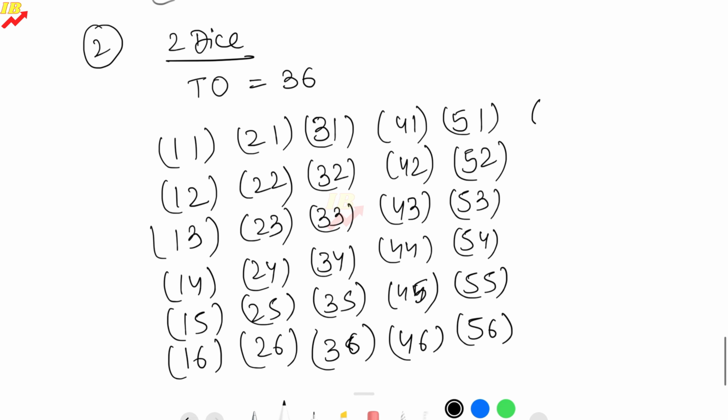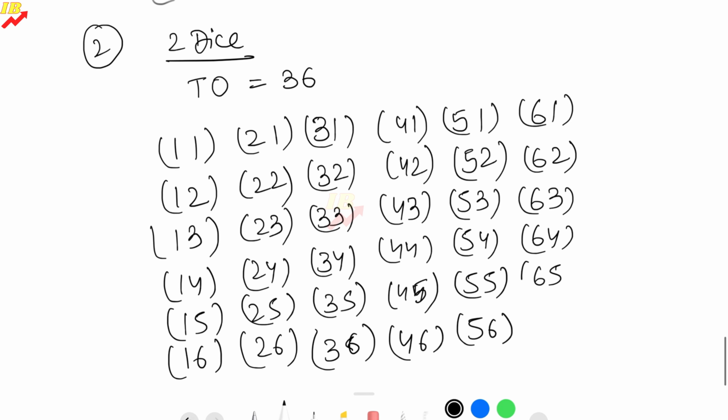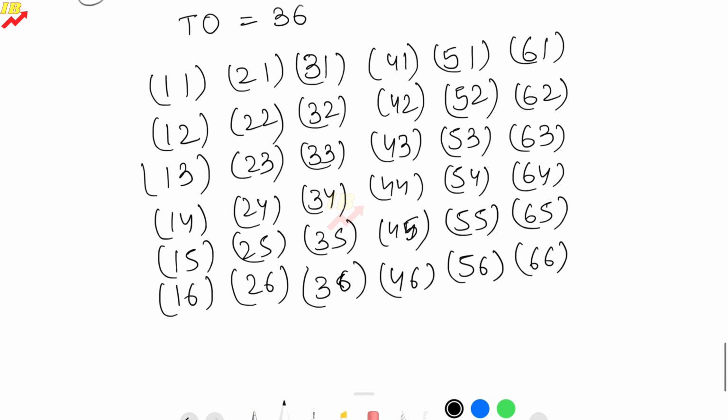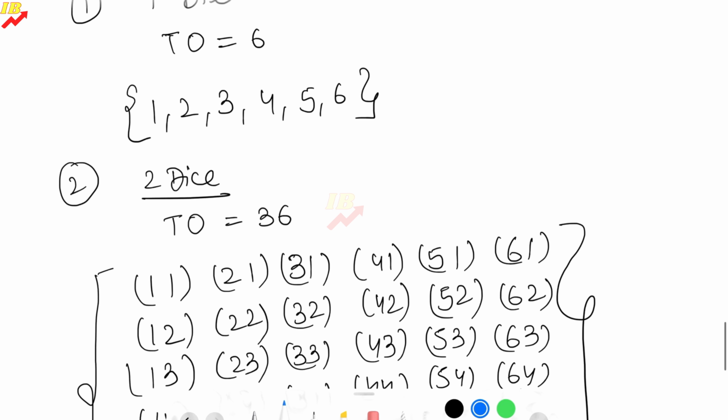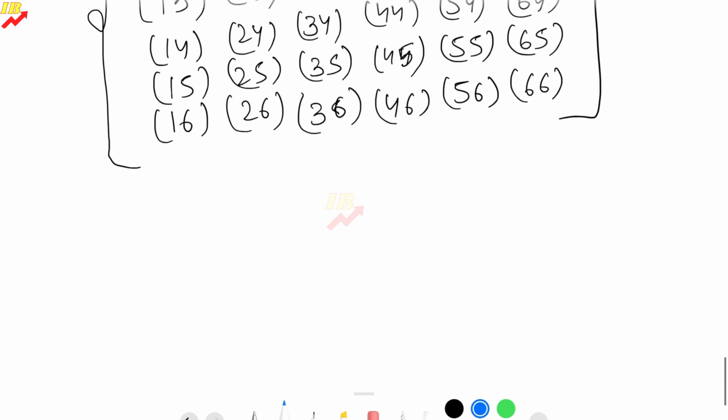Then the 6th line. That's a total, right? So I'm putting a curly bracket over here. Now let's come back to this. Let me write one more case for you.